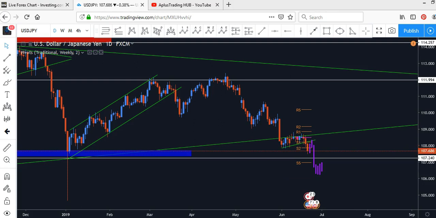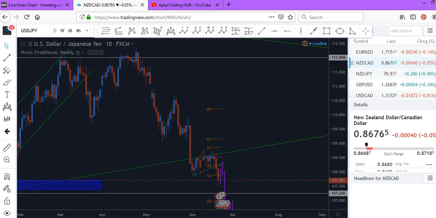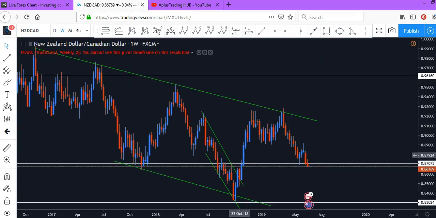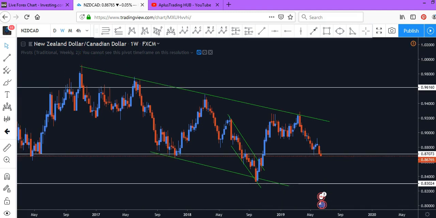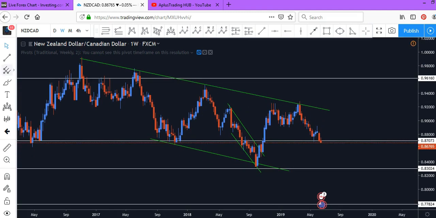The next one is the NZD CAD, one of my favorite pairs for this year. I love trading this pair. Let's look at the market structure first. Now, this pair I've been trading lower, making a series of lower highs and lower lows.